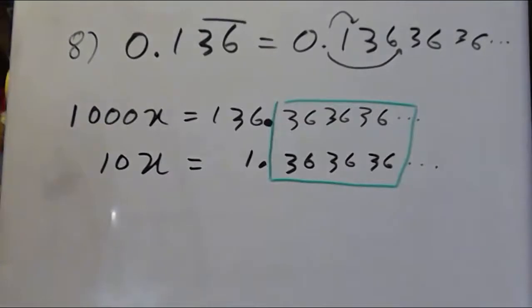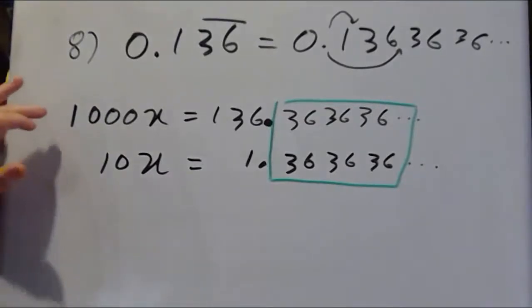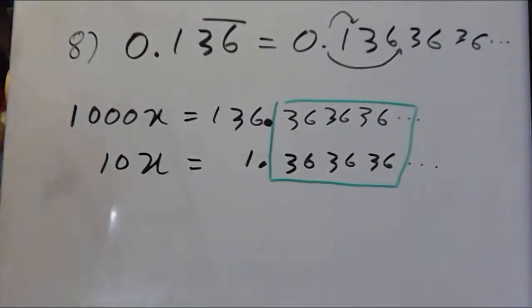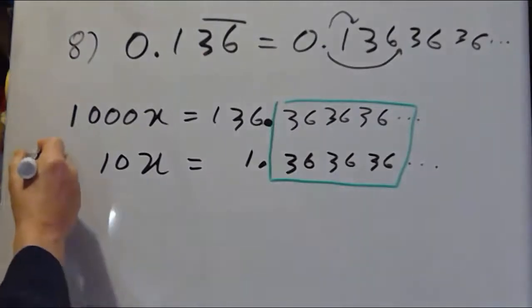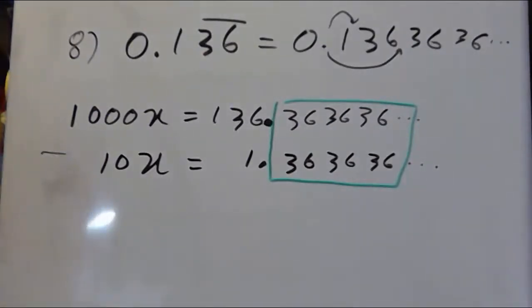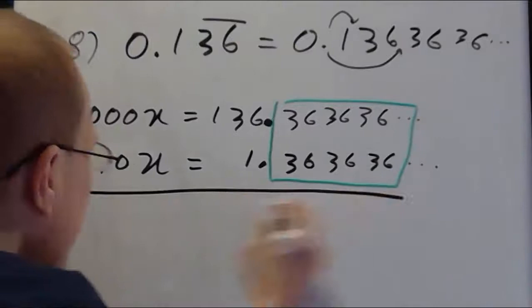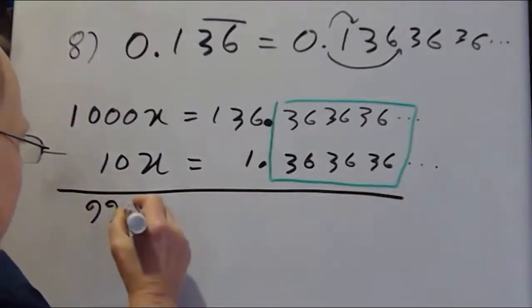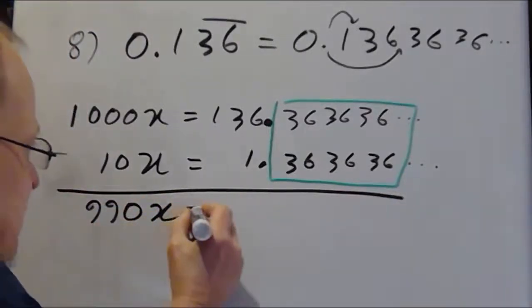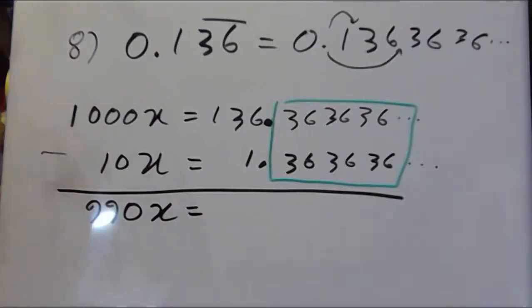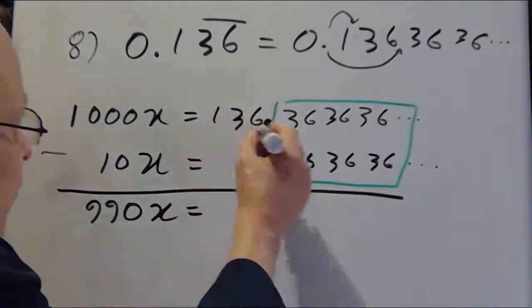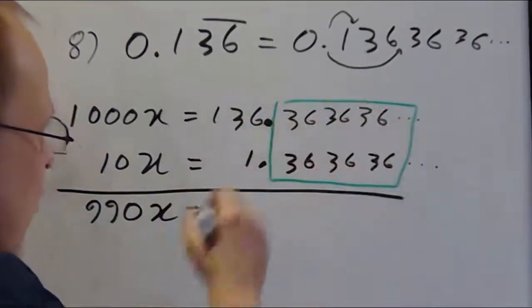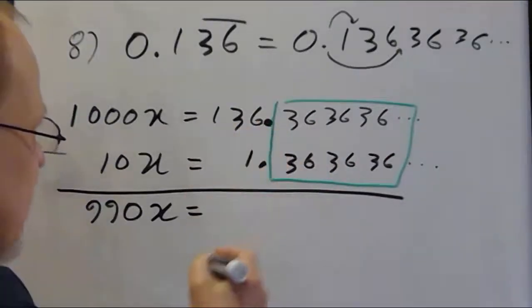So when I subtract it off, 1000x minus 10x will give me 990x. So I have that. And then I subtract off 136, all this will go away. So it's 136 minus 1.